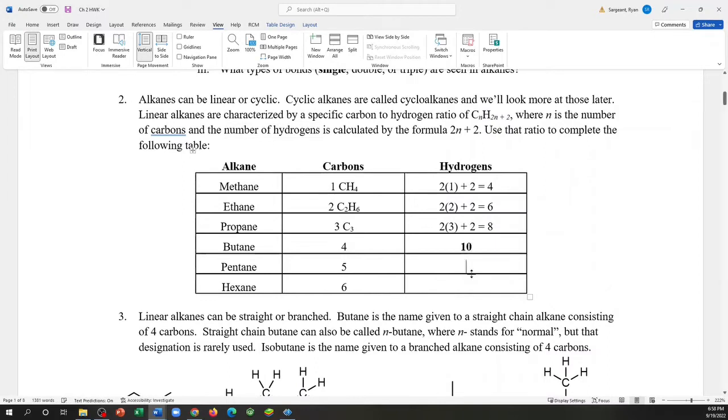For pentane, it's 2 times 5 is 10, plus 2 more is 12. And for hexane, it's 2 times 6 plus 2 is 14. Notice this pattern. And this rule 2n plus 2 allows us to just know the number of carbons and then immediately predict the number of hydrogens that would be present. So this would be C3H8. This butane would be C4H10. Pentane is C5H12, etc.